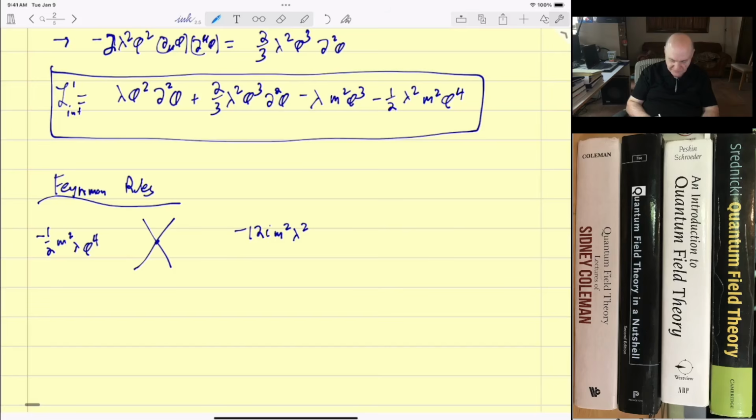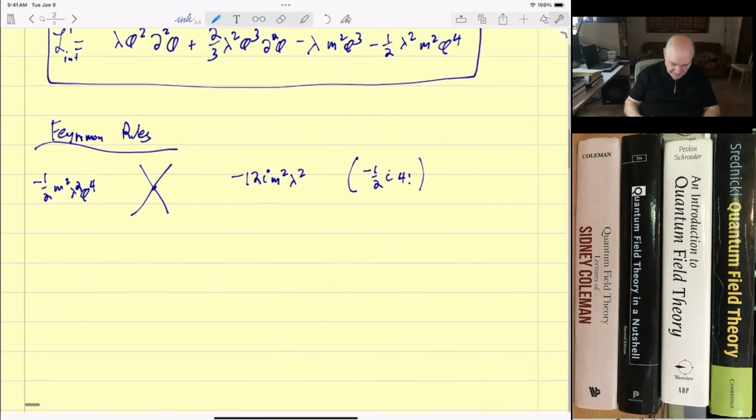Here it's 4, we'll have 4 factorial for reorderings. 4 factorial is 24. 24 times a half is 12. And we always put an i in there when we do it, because when we expand an exponential, it's like e to the i times the Lagrangian. So I just put it as minus 1/2 i times 4 factorial, and this is lambda squared.